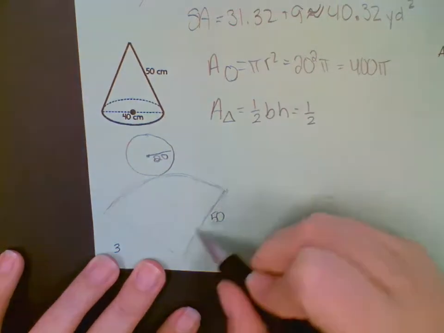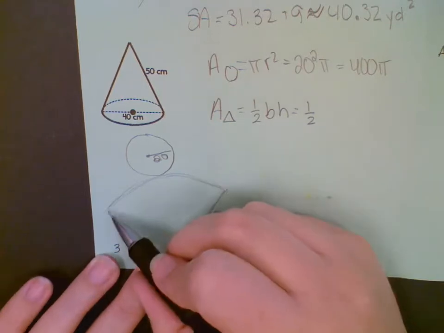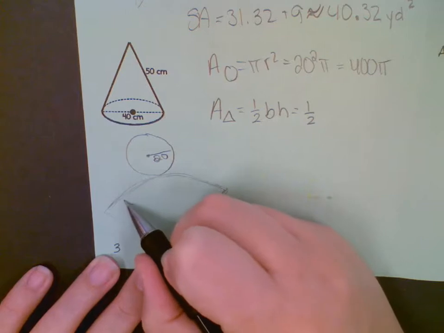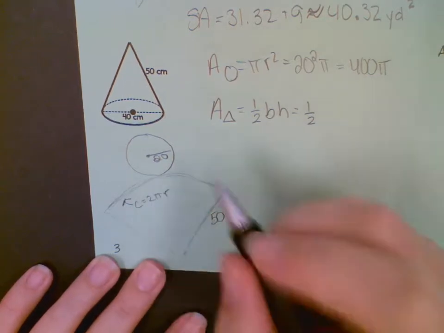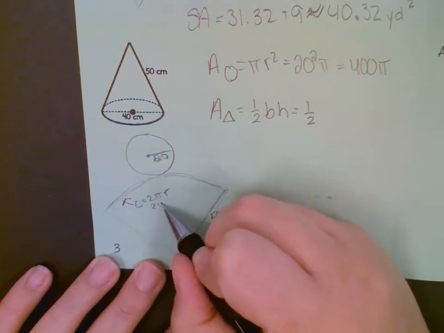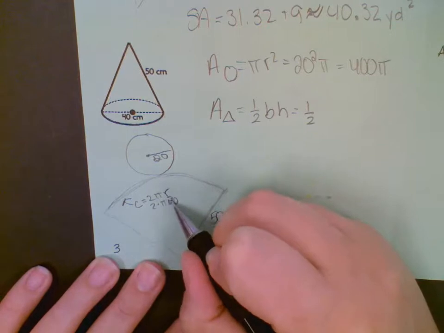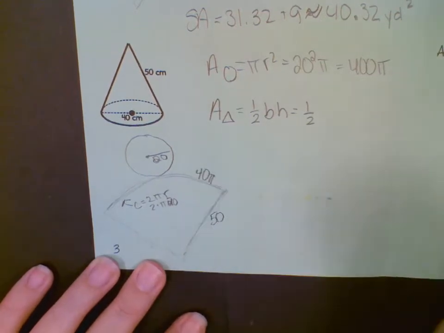We know the height is 50, but we don't know what the base is. But just like with a cylinder, this base is going to wrap around that circle. So the base would be equal to the circumference, or 2 pi r. So that'd be 2 times 20 pi. So the whole circumference would be 40 pi. So our base is 40 pi.